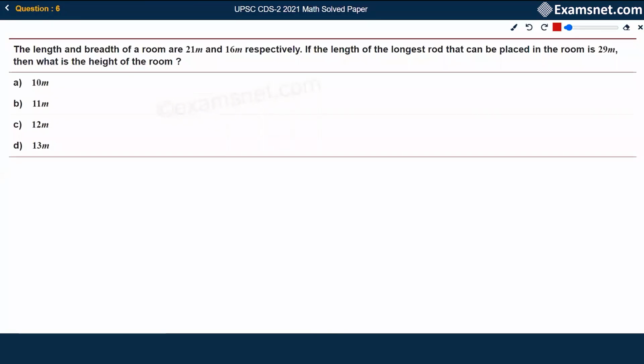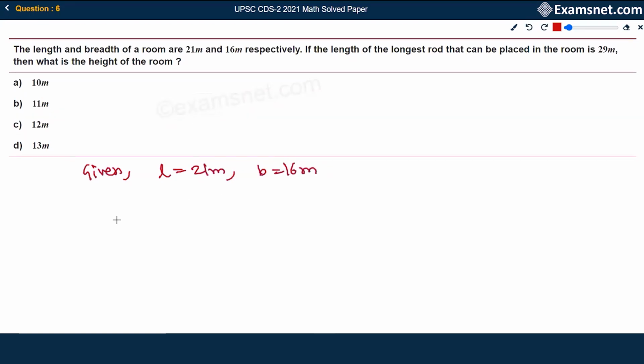In question number 6, it is given that the length and breadth of a room are 21 meter and 16 meter respectively. If the length of the longest rod that can be placed in the room is 29 meter, then what is the height of the room? Okay, so given the length of the room, that is 21 meter, breadth 16 meter, right?